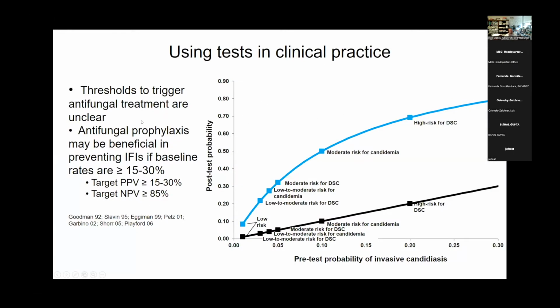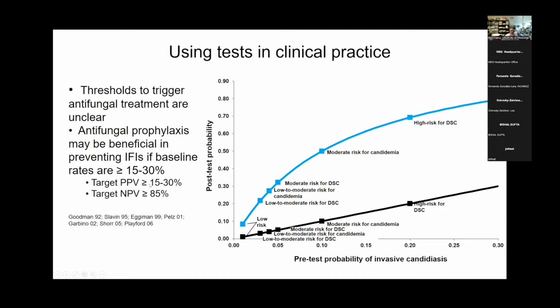And a big challenge in the fungal world, and particularly the candidiasis world, is we don't really know the disease thresholds that are sufficient to trigger antifungal treatment. So if we go to the old hematologic malignancy critical care literature, it would suggest that antifungal prophylaxis is effective in preventing invasive fungal infections if baseline rates are greater than or equal to about 15 to 30%.